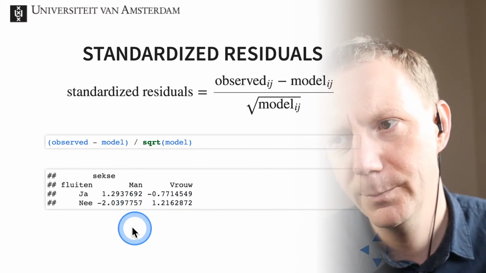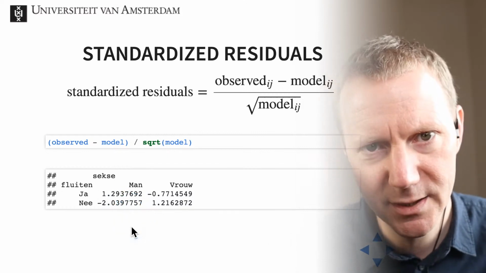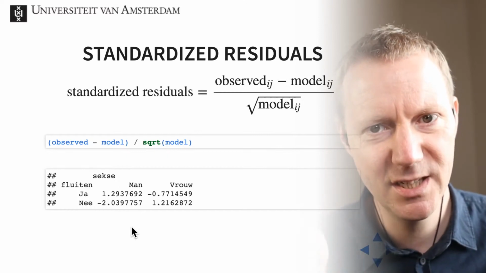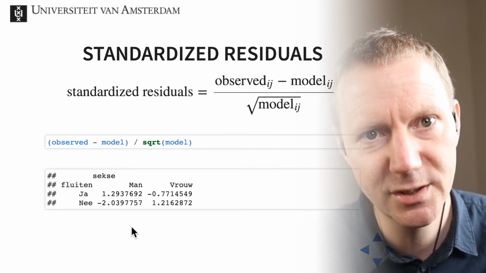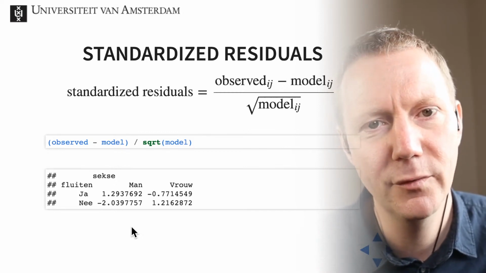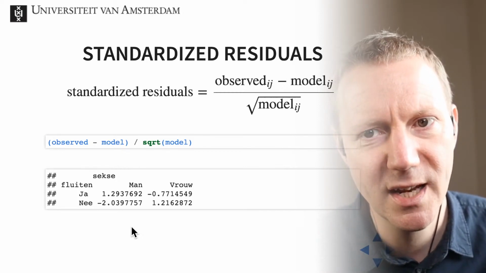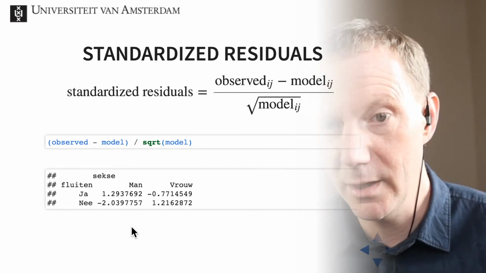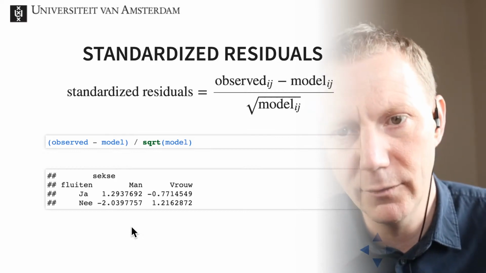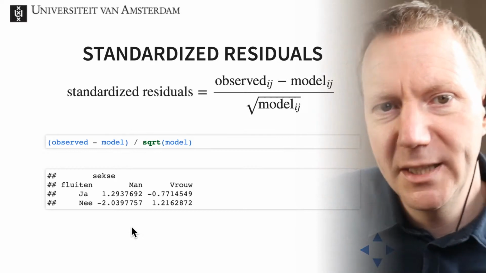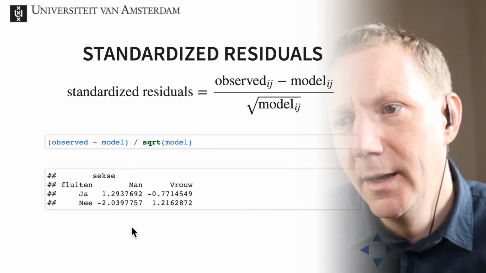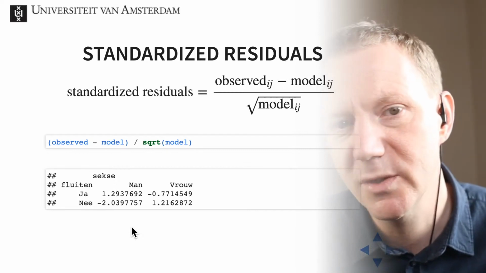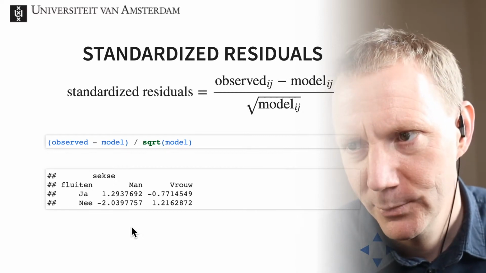Because you've standardized this, it's easier to interpret because you now know what the value means. 1 means 1 standard deviation off, instead of a frequency of 6 or 8 or 4, where you think, I don't know, is 4 large or not? Now you know if it's large or not because it's expressed in standard deviations. Does that make sense?